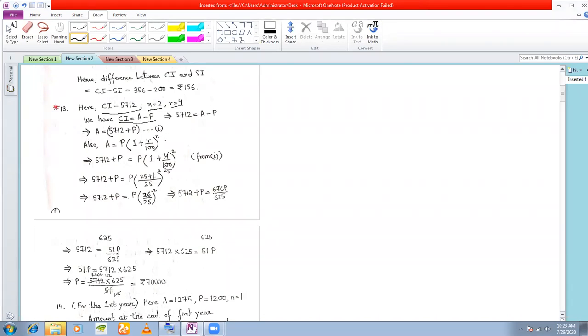Okay, so I put this value in the compound interest formula. If I say that the principal is P, therefore compound interest must be equal to A minus P. Why am I using this formula? Because I know that compound interest is given to me.